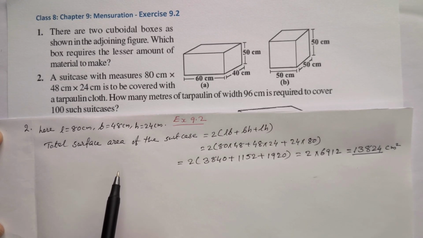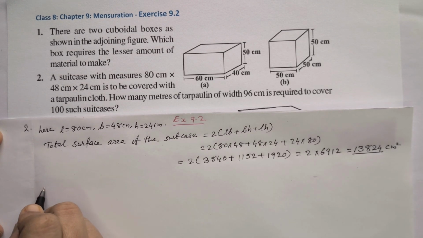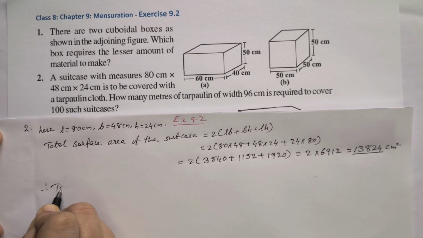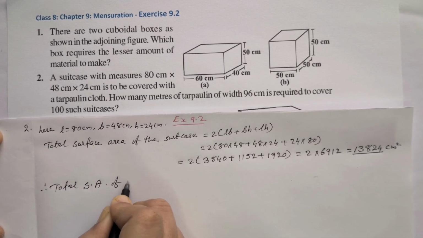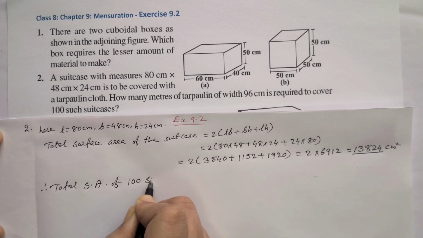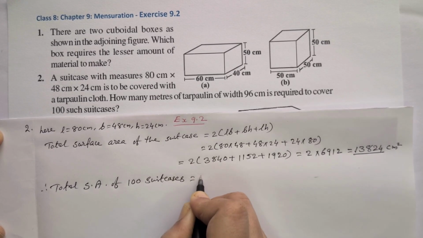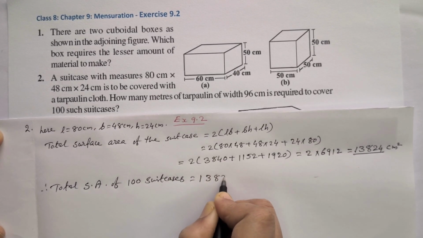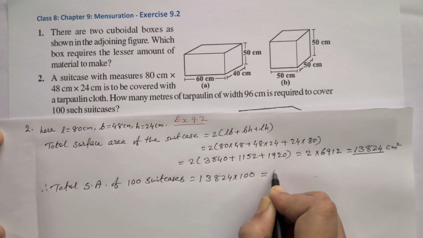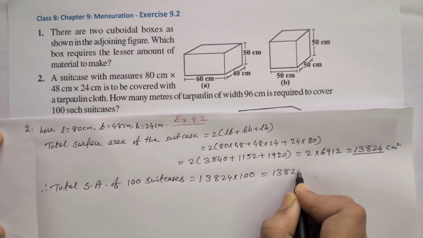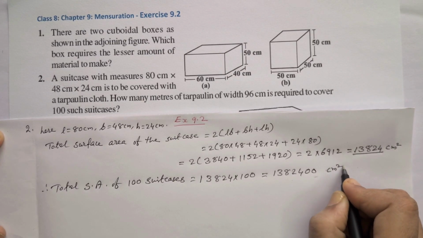So total surface area of 100 suitcases is equal to 13,824 into 100, which is equal to that much centimeter square.